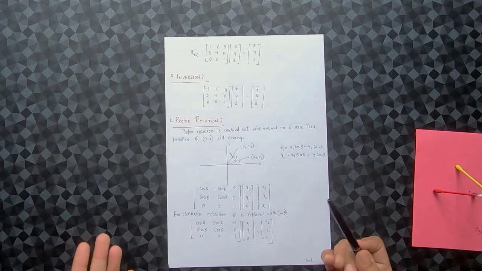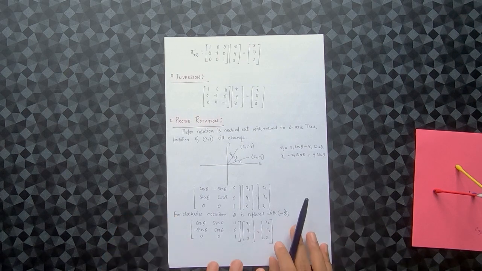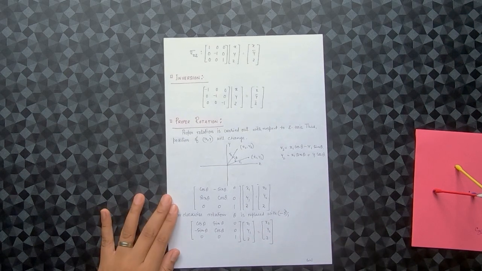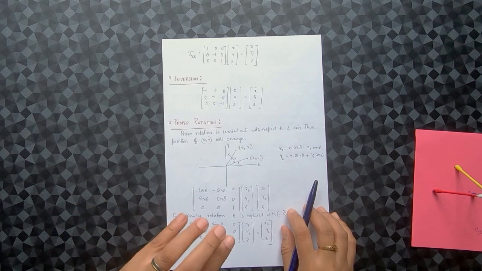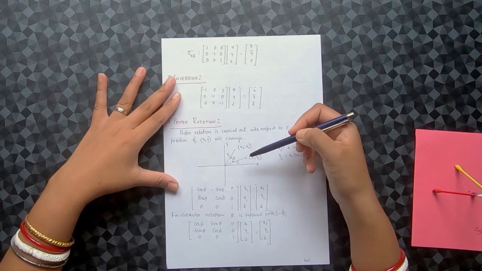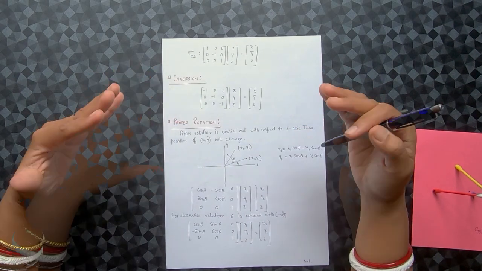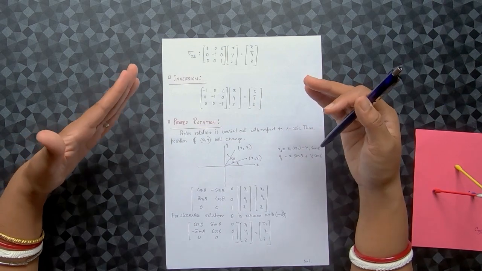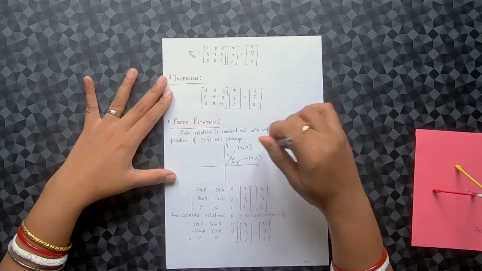Then there is proper rotation, or axis of proper rotation. For rotation, when we are rotating a point, it is related with the angle of rotation. Here is the point, let's say the coordinate is x, y. When we are doing any proper rotation, we have to consider the z-axis as the axis of rotation.